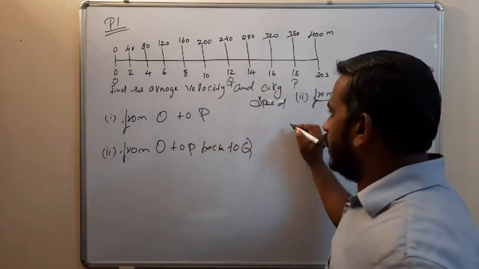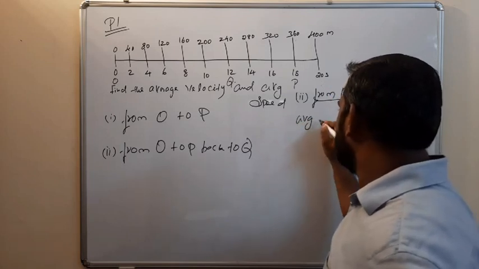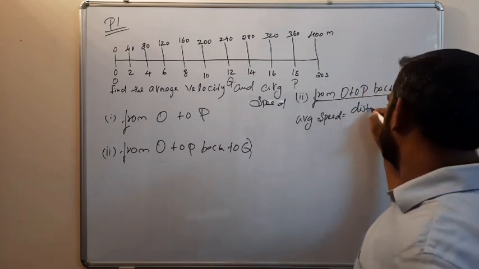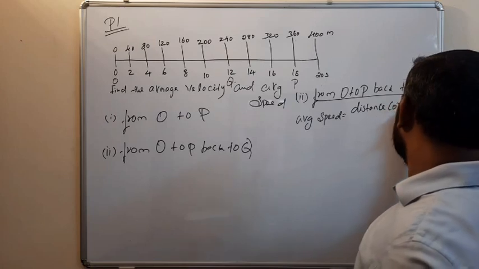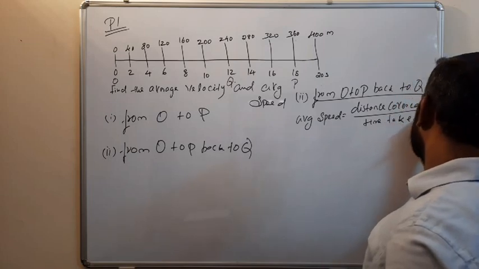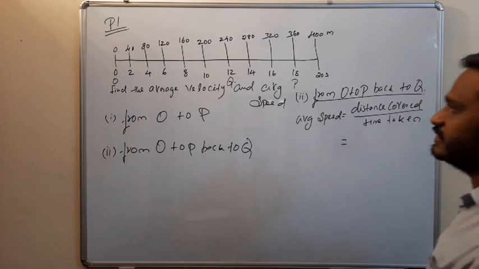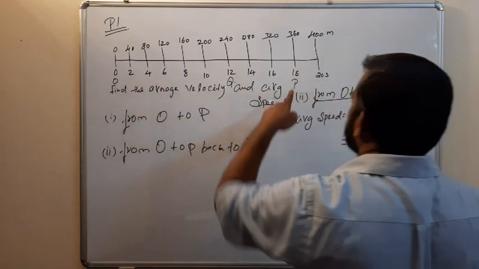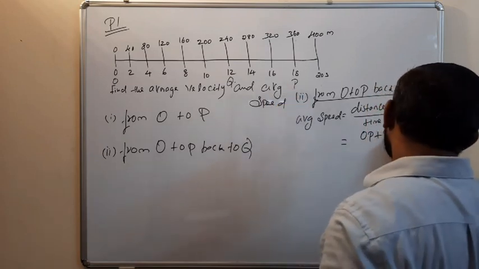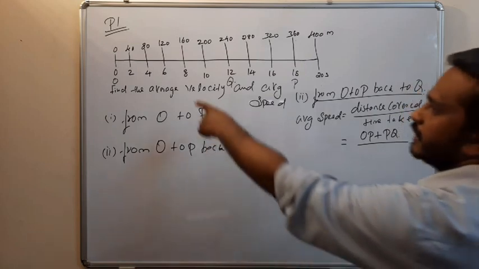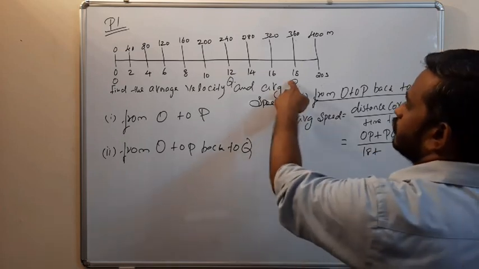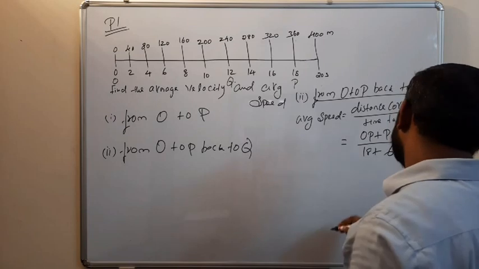First we have to calculate the average speed. Average speed is equal to distance covered by time taken. The distance covered is from O to P, that is OP, plus from P to Q, that is PQ, divided by the time taken: from O to P 18, plus from P to Q 6.